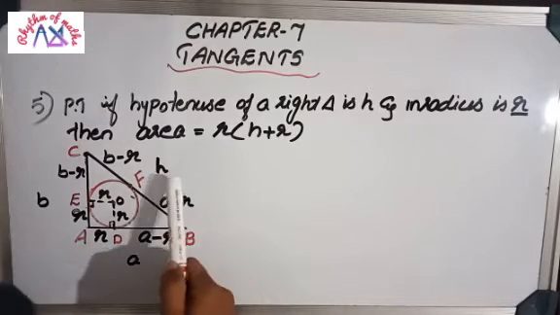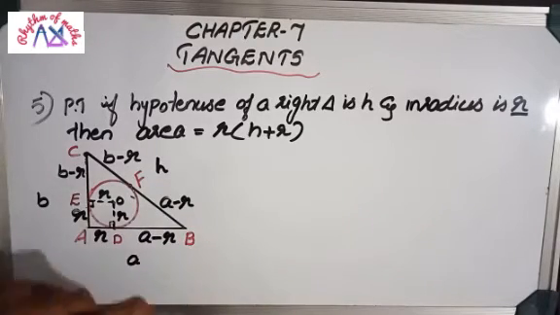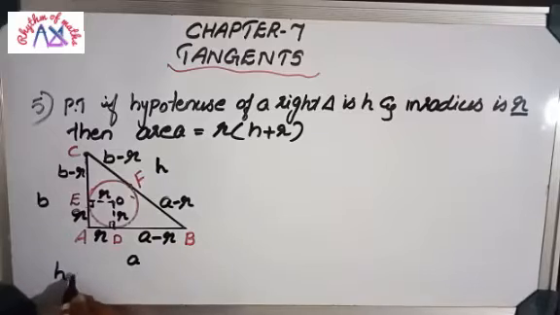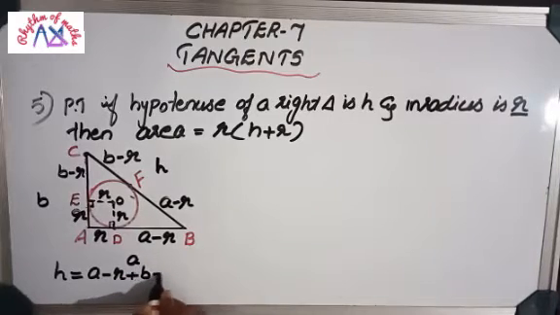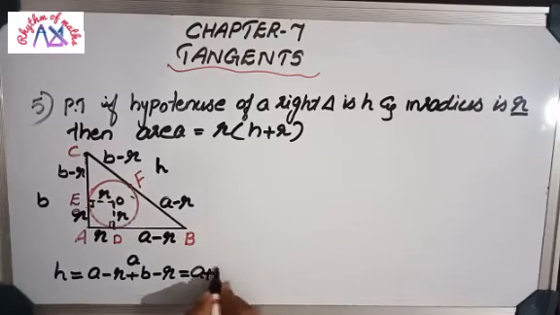Now the hypotenuse is already given as h. So h equal to the sum of these two measurements, that is a minus r plus b minus r. A and b we can add, minus r and minus r means minus 2r. So a plus b minus 2r.